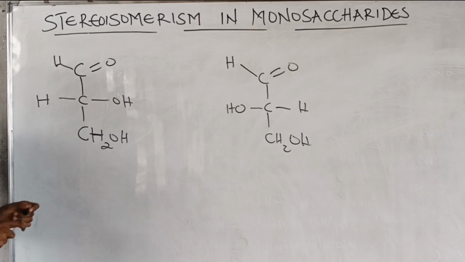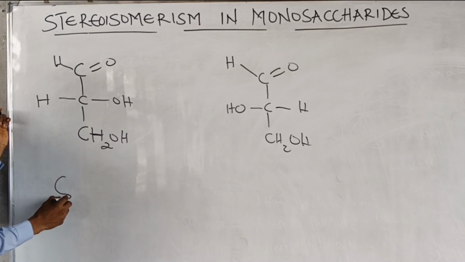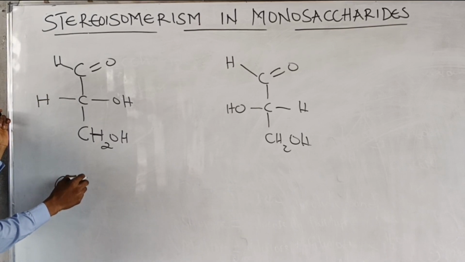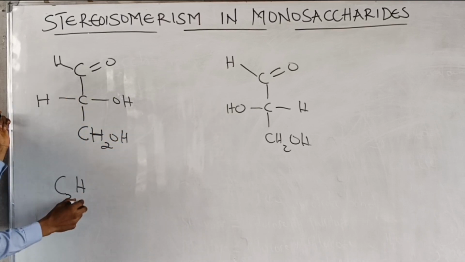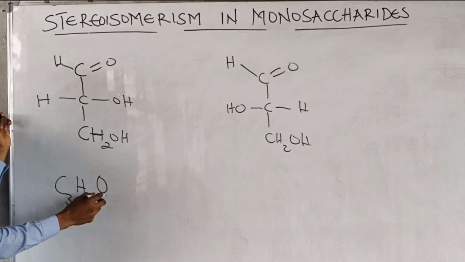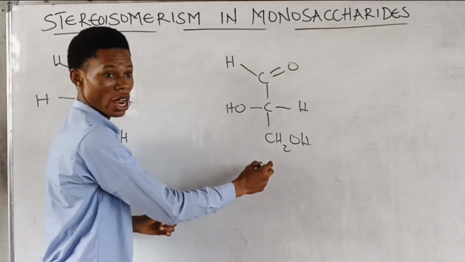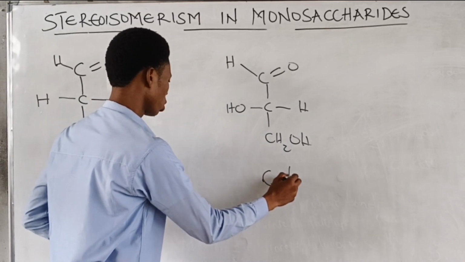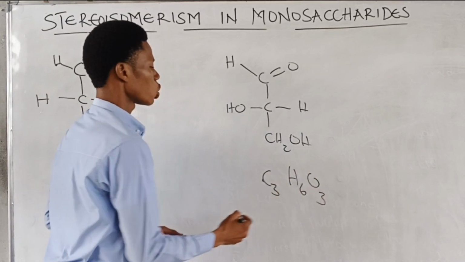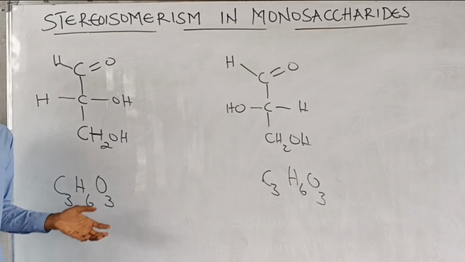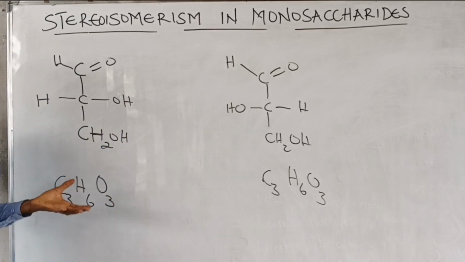How many carbons do we have here? How many hydrogens? 3, 4, 5, 6. 6, right? How many oxygens do we have? And the same thing here, right? So the molecular formula remains the same. If you look at it, the structural formula is still the same.